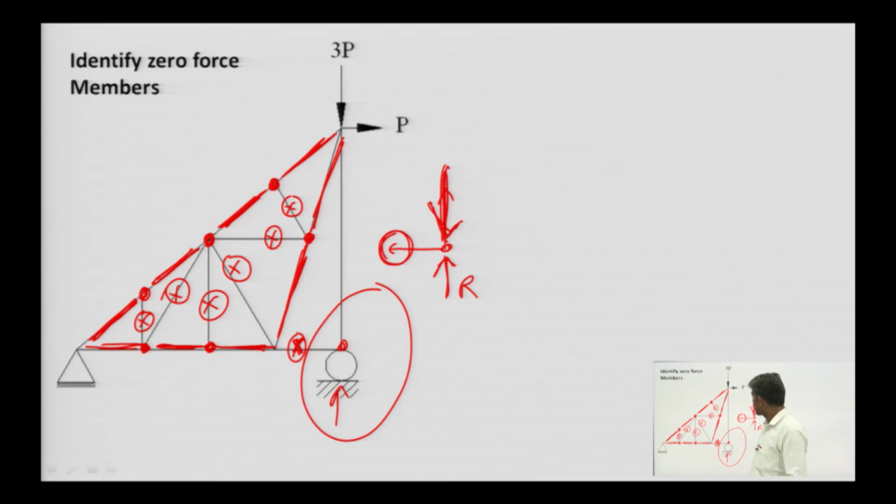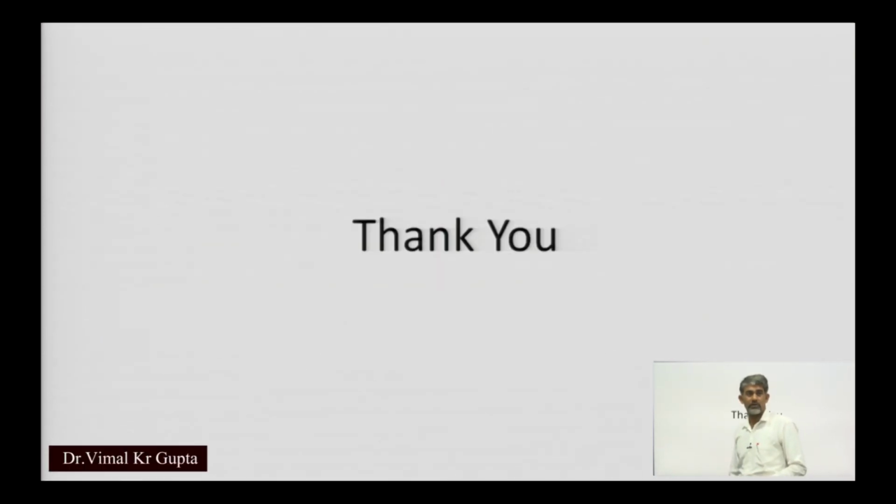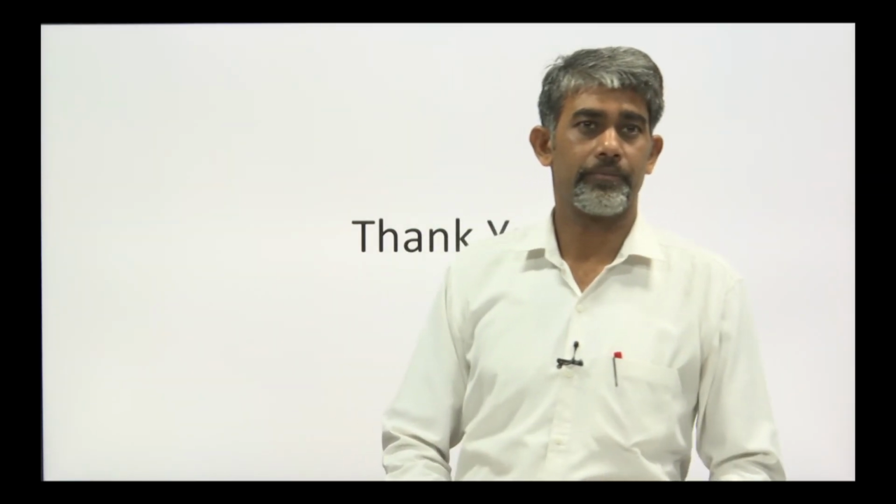So, this is the technique for identifying 0 force members in the truss. Using FBD at the joint, we can also identify them, but it is time taking. So, remember the process and find out the 0 force members. Thank you very much.